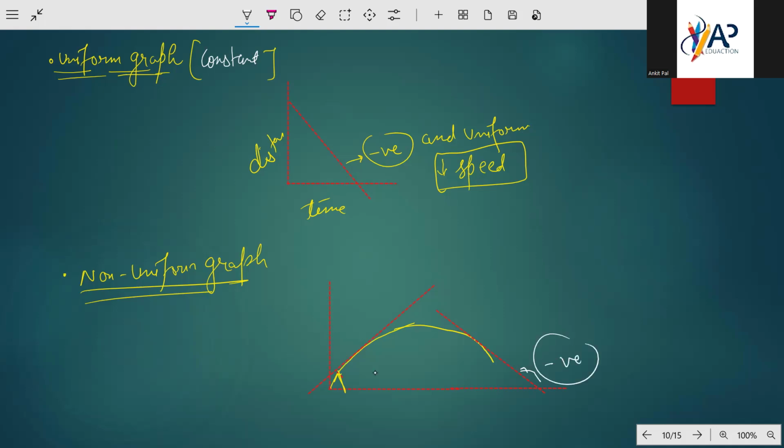This is negative and this is positive. And see, first there is an increase in speed. After that the speed becomes zero, and after that the speed is decreasing.